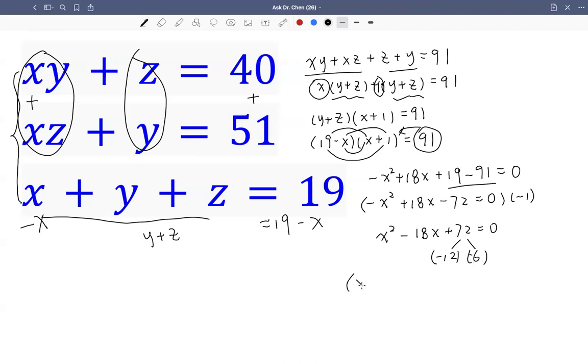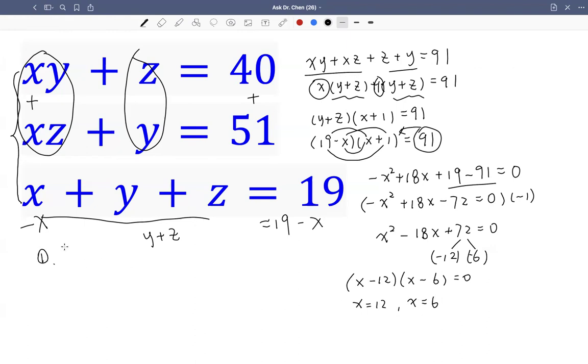All right, so we can put it in the factored form as x minus 12 times x minus 6 equals 0. So by the zero product property, x minus 12 equals 0, that's x equals 12, or x minus 6 equals 0, x equals 6. So we have 2 solutions for x.